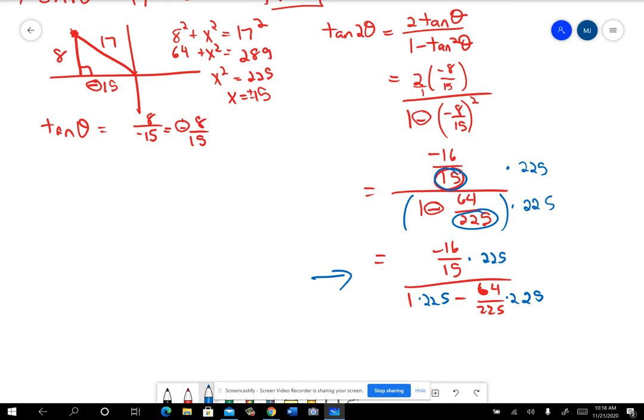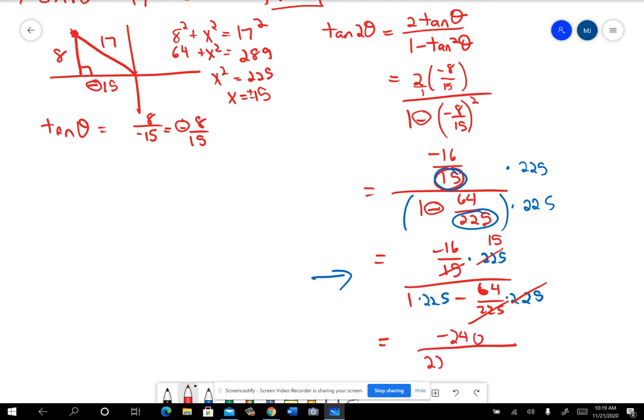So why I did that is 15 goes into 225 15 times. Here, the 225 cancels out. So on top, I have negative 16 fifteenths times 15, and the negative 16 times the 15, let me double check that, is negative 240.